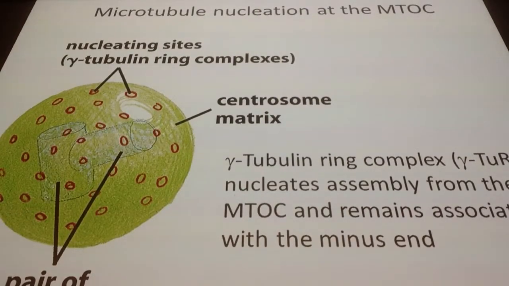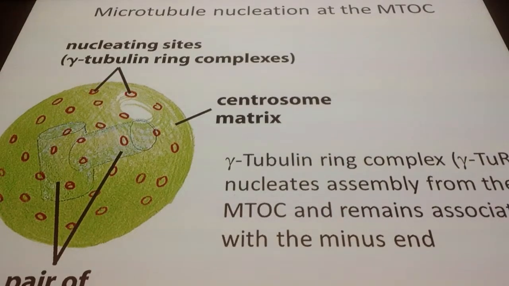First of all, nucleation. Nucleation is actually slightly more complex, okay? And there's that term MTOC again. So let me explain what MTOC is. An MTOC is a microtubule organizing center.